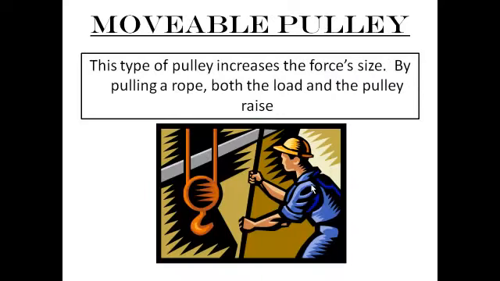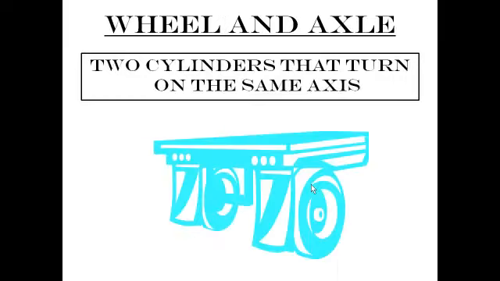A movable pulley is this type of pulley, and it increases the force's size. By pulling a rope, both the load and the pulley raise. The wheel and axle. This is two cylinders that turn on the same axis. The axis is also the fulcrum, and it's in the center.